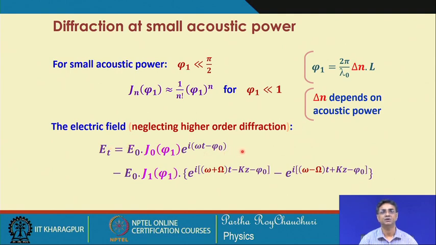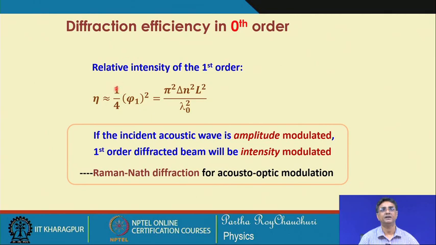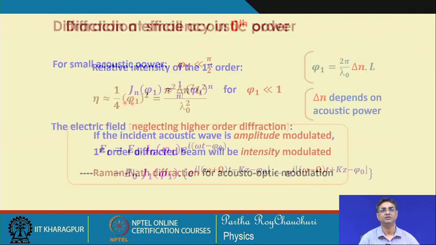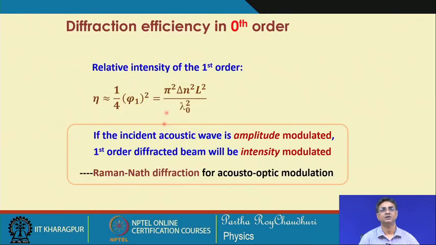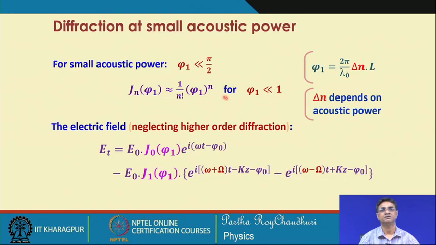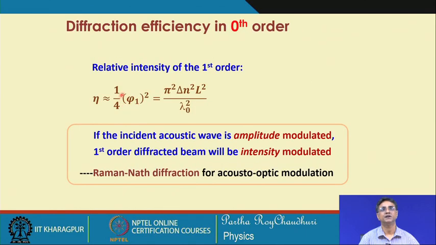So, J0 will be given, this is the transmitted field component we know. If we consider only the 0th order and the first order, plus 1 and minus 1, we can write this equation, and in that case eta, the diffraction efficiency, will be represented by this, with n equal to 1, n equal to 2. So, we can write in this form.